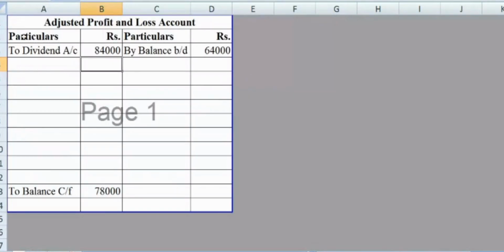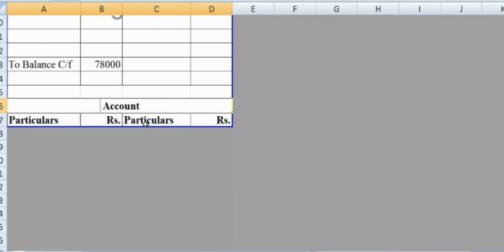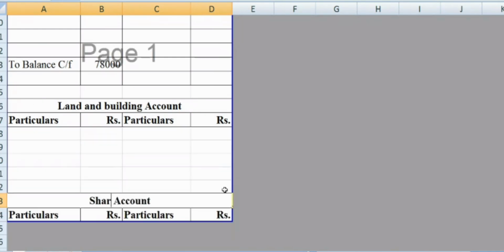Let's prepare the land and building account, and one more account, that is the share capital account. So these are the accounts.